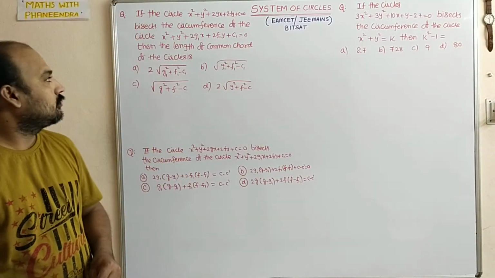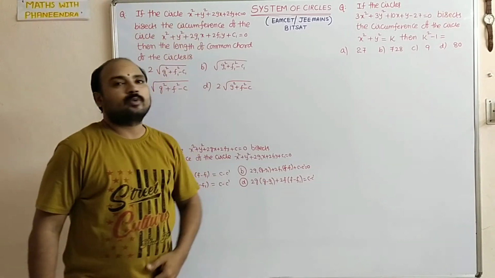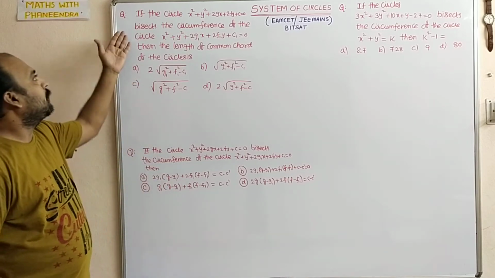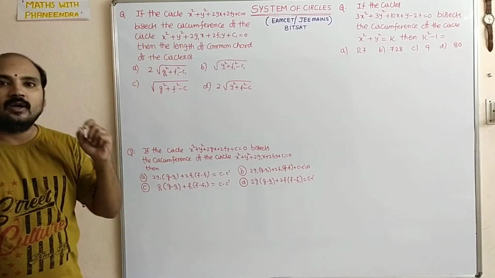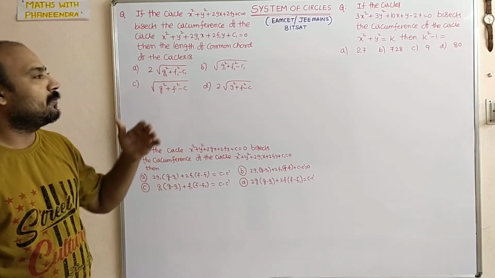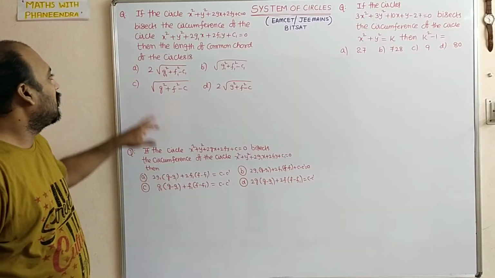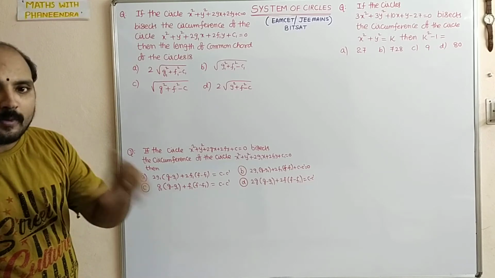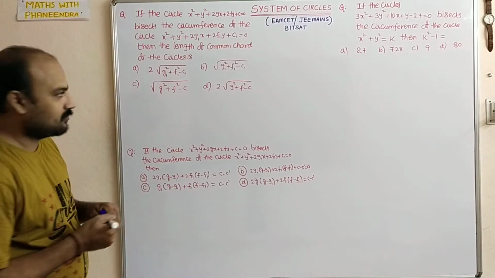The next question: if the circle x square plus y square plus 2gx plus 2fy plus c equal to 0 bisects the circumference of the circle x square plus y square plus 2g1x plus 2f1y plus c1 equal to 0, then the length of common chord of the circles is. So length of common chord, first you have to draw the two circles.